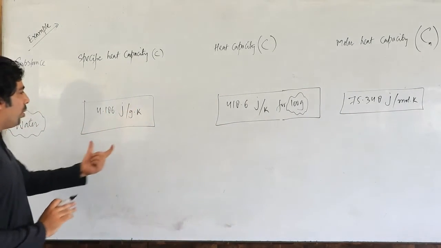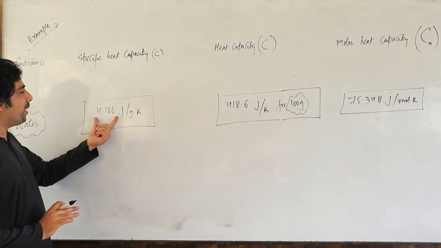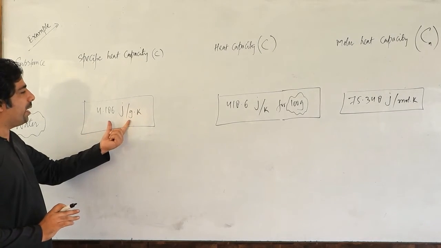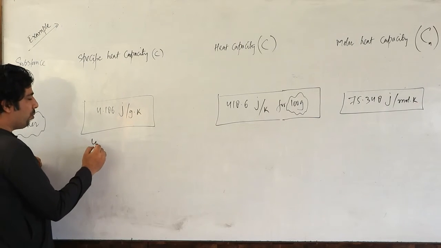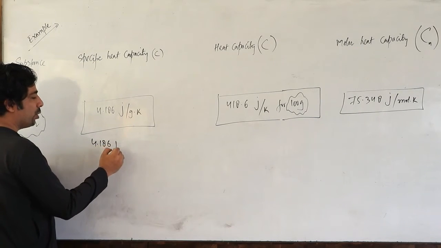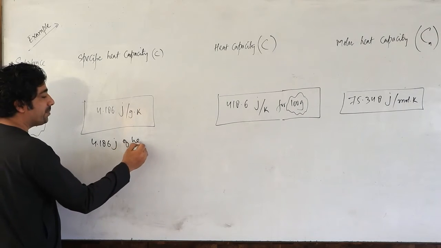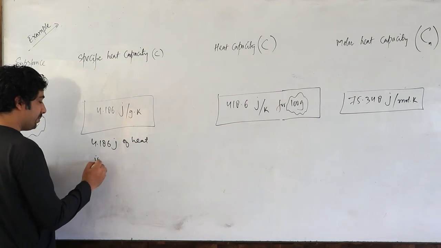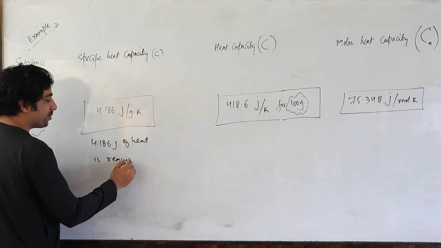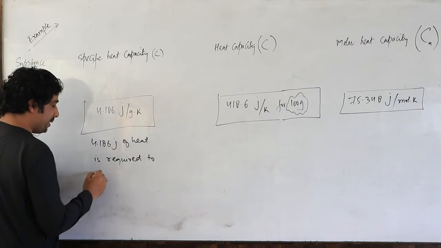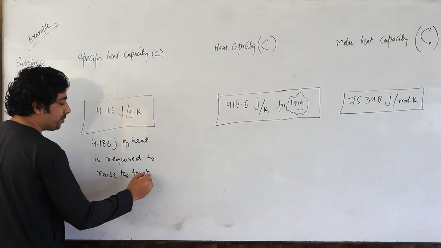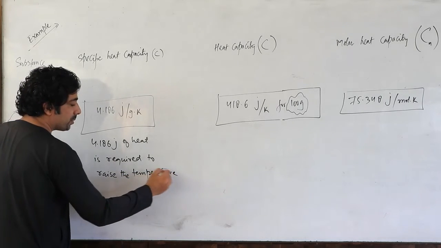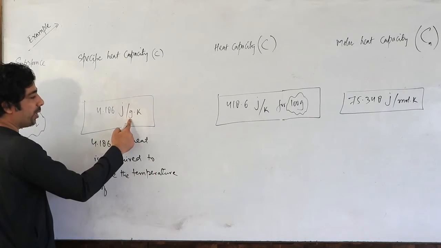So when we talk of 4.186 joule per gram per Kelvin, my dear friends, it means 4.186 joules of heat is required to raise the temperature of how many grams? 1 gram.